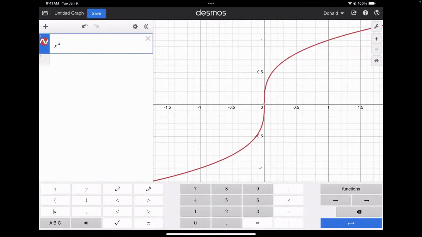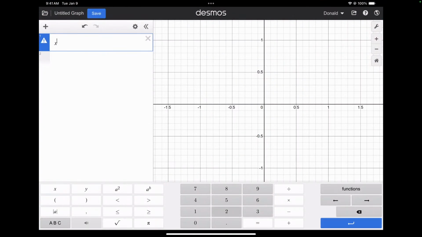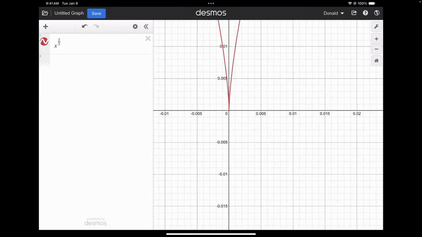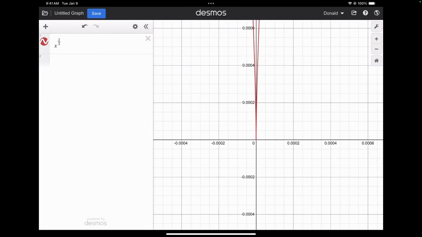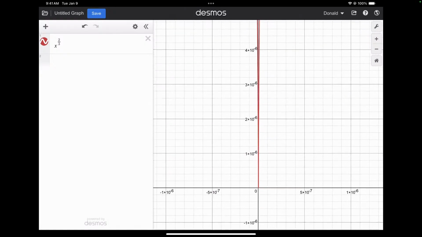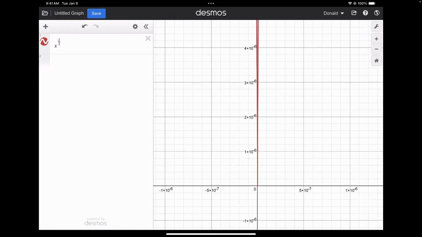Now let's talk about x to the 2/3. That's the cusp, the even over odd power. It looks like this, right? Now, you look at this. There are two things. Sharp turn: left slope does not equal right slope. But I also have something else: a vertical tangent. You see the vertical tangent there? The slope is exactly like this.